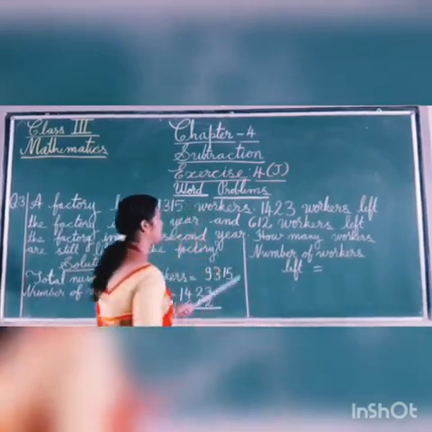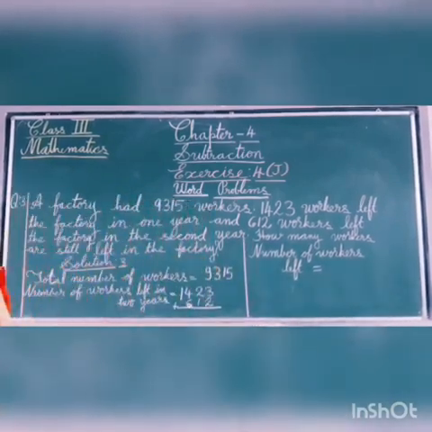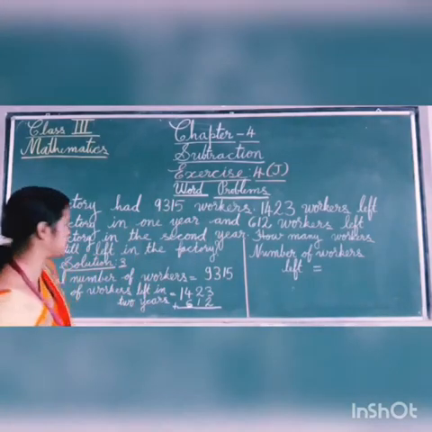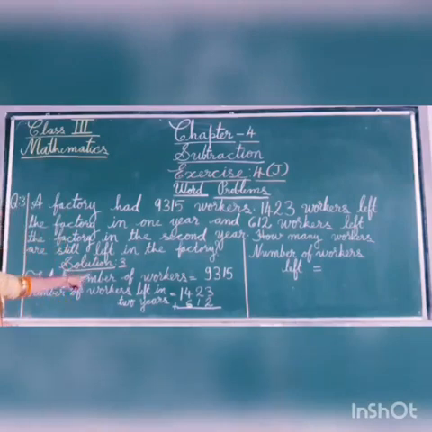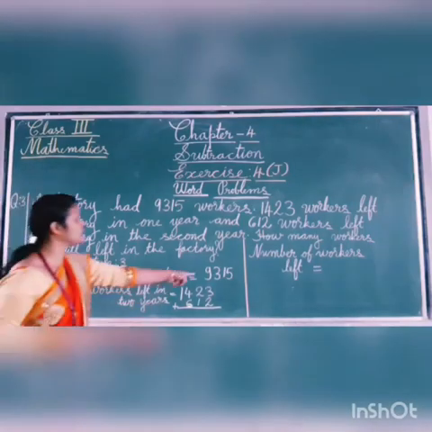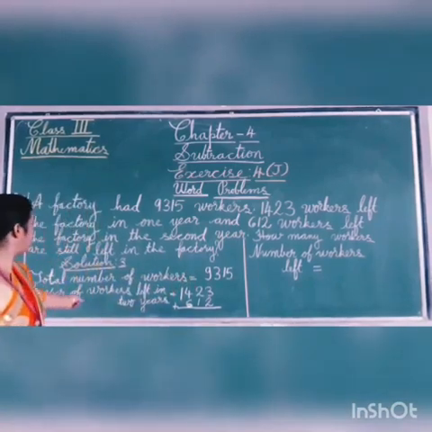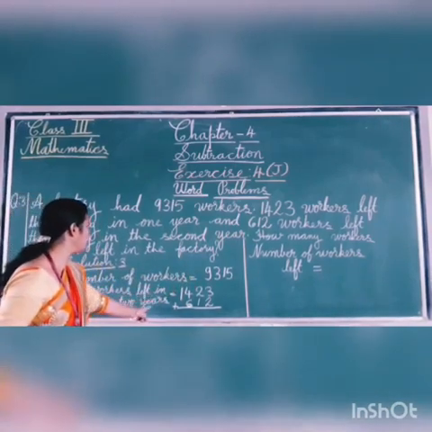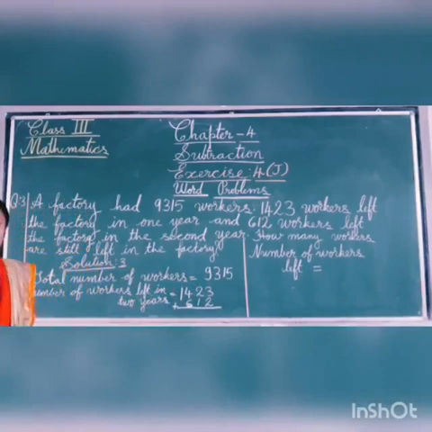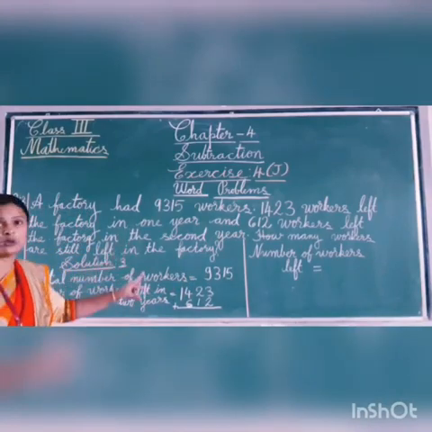Now we have to find out the total number of workers left in the factory. Now first solution I have made. Total number of workers 9,315. Number of workers left in 2 years. That we have to add and find out the 2 years.